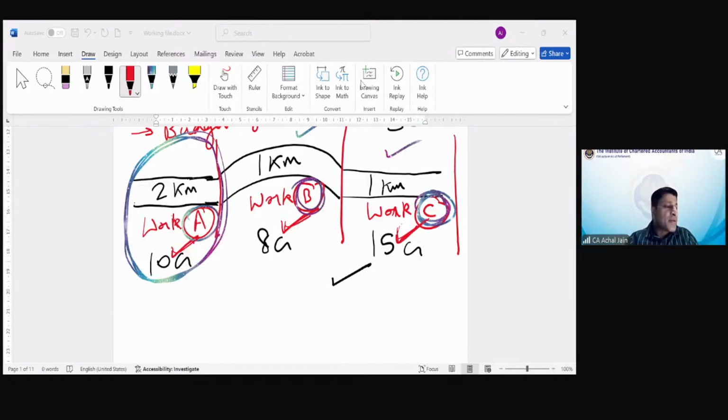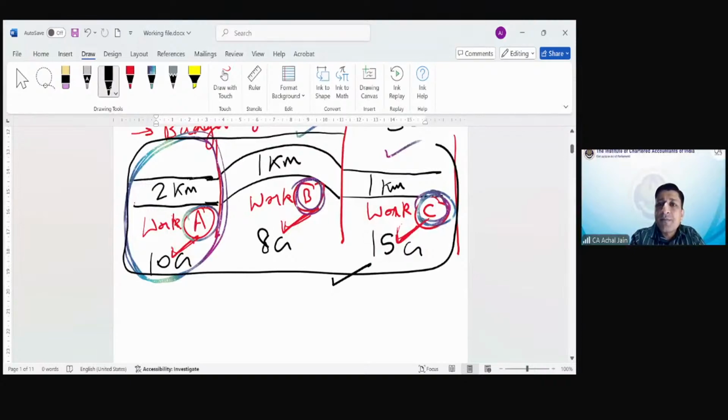So let's move further. Now let's suppose in this arrangement there was a single contract for all the three activities.